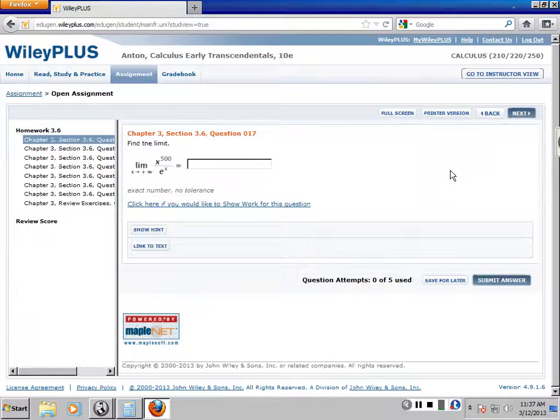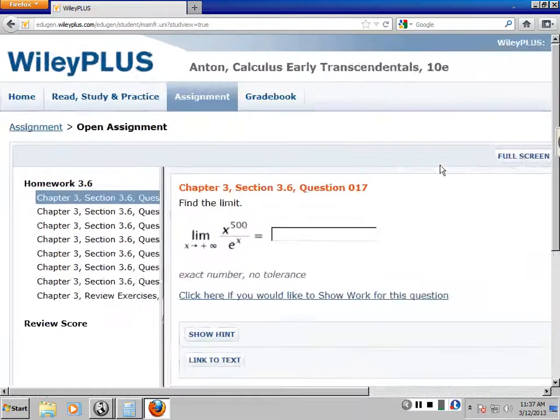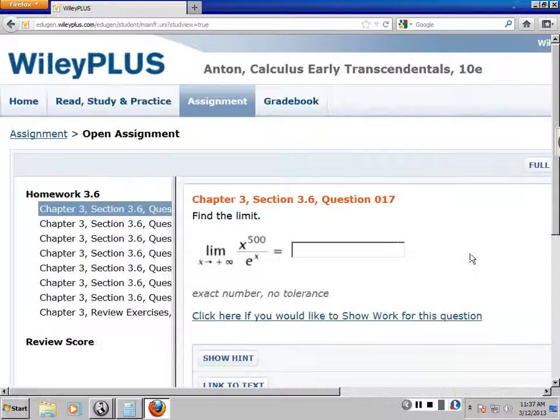So you should be able to make a conclusion here. Pretty straightforward, right? What's the limit going to go to? 0, right? I have a polynomial over e to the x. The polynomial, if I differentiate it enough times, eventually goes to a constant. And then e to the x is always going to be there. So I have a constant over infinity, which goes to 0.